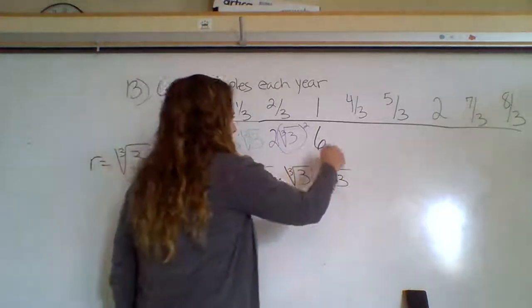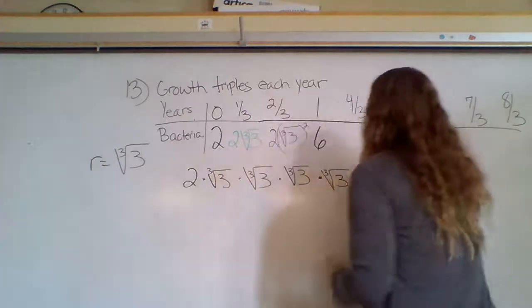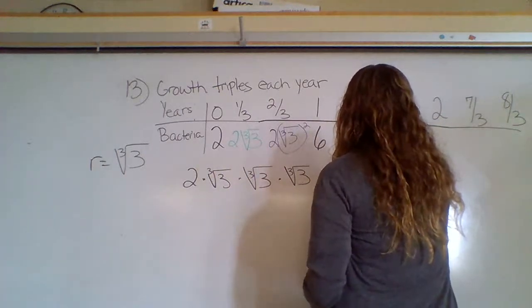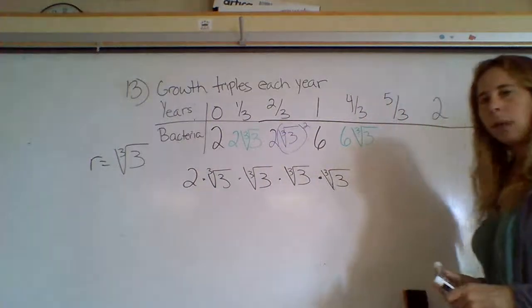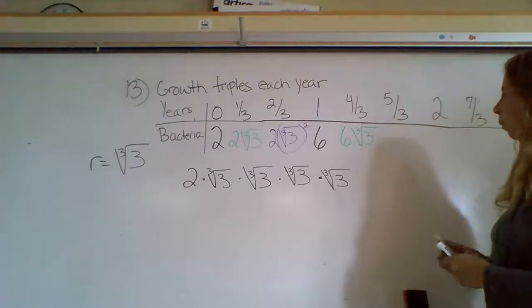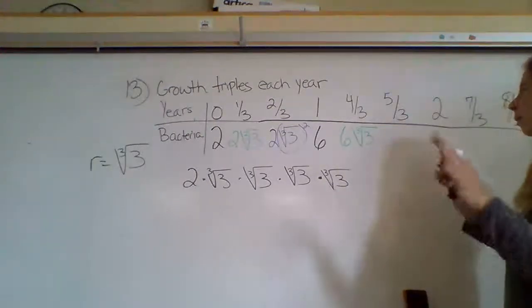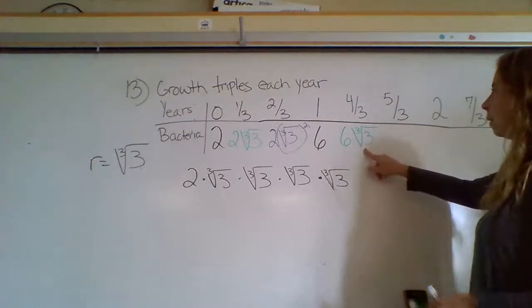So now this one's going to be 6 times the cubed root of 3. Okay? Once again, you could multiply this out and you would get a decimal. But I wouldn't. Leave it like this. All right? You should see a pattern here.